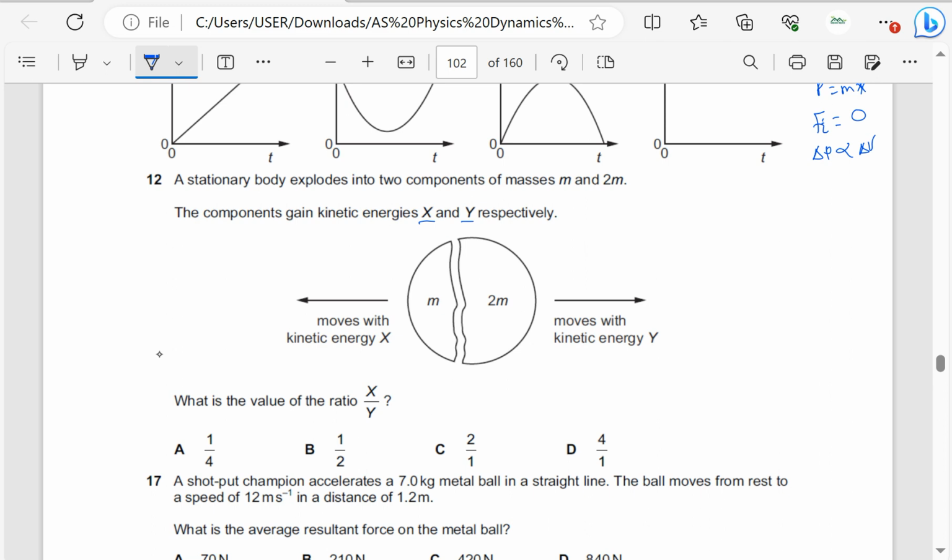Let's use conservation of momentum first. It is initially stationary. A stationary body explodes into two components of masses m and 2m. So total momentum before explosion is 0.